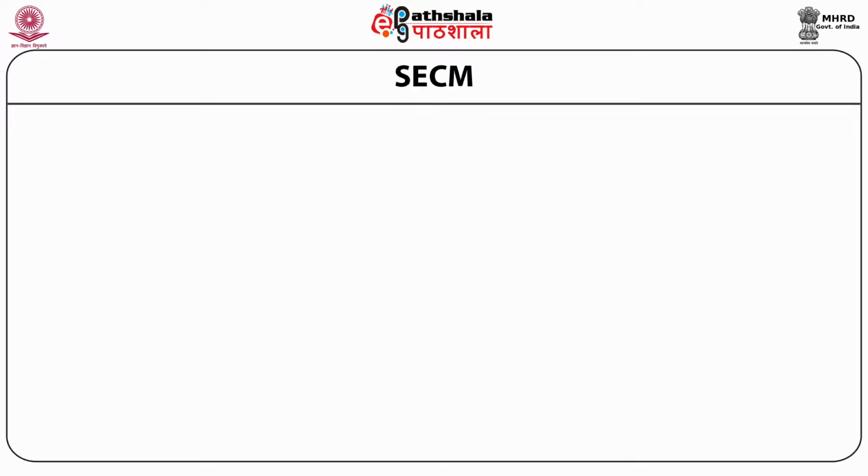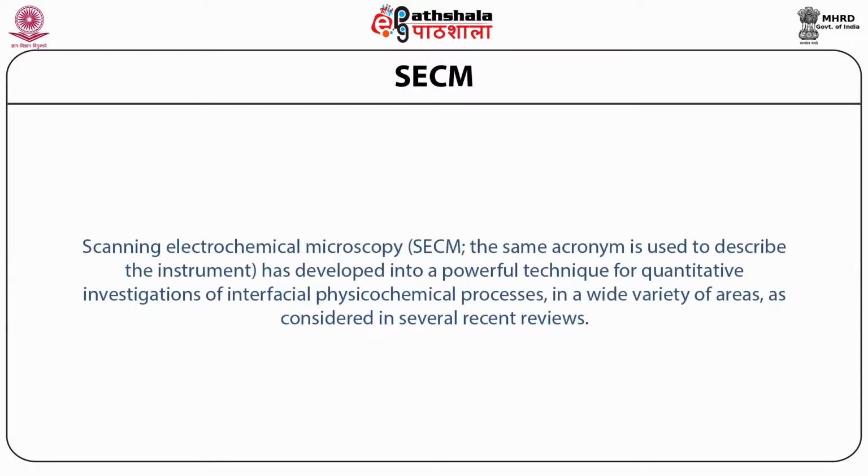SECM, that is scanning electrochemical microscopy, the same acronym is used to describe the instrument. Scanning electrochemical microscopy has developed into a powerful technique for quantitative investigations of interfacial physico-chemical processes in a wide variety of areas, as considered in several recent reviews.